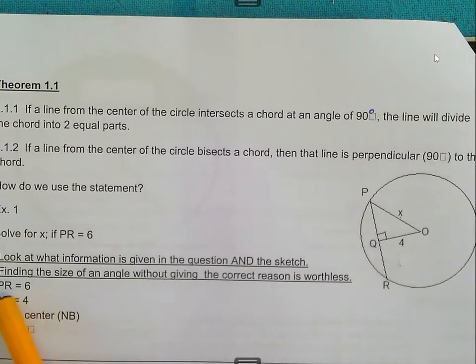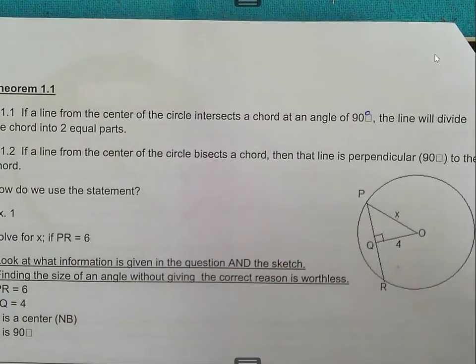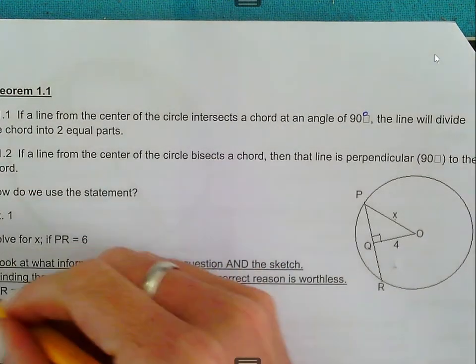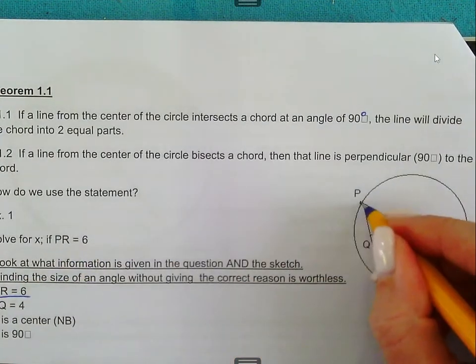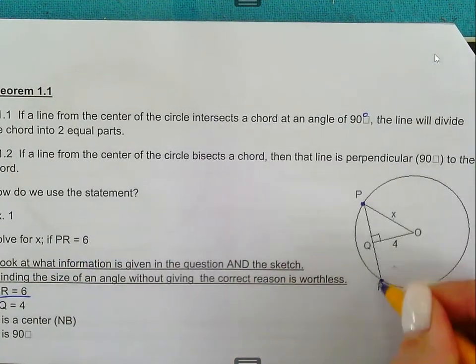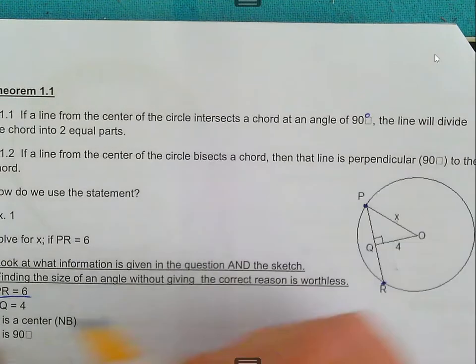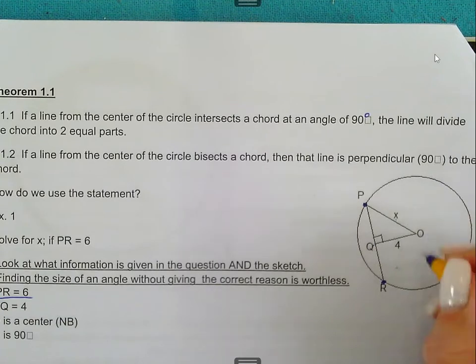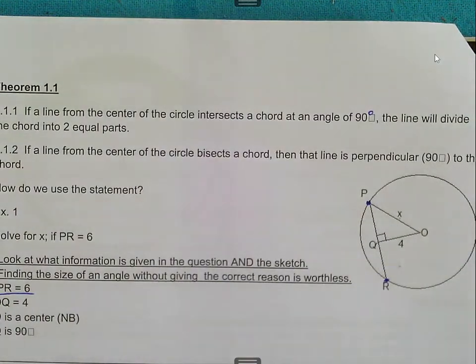So firstly, PR was given: PR is equal to 6. So it means from here to here it's 6. OQ is 4. O is the center. They don't tell you it's the center, you can't assume. O is the center. And it's given that Q is 90 degrees.